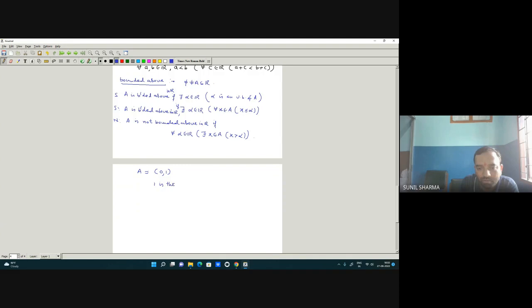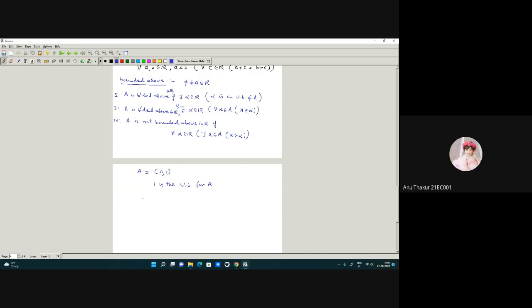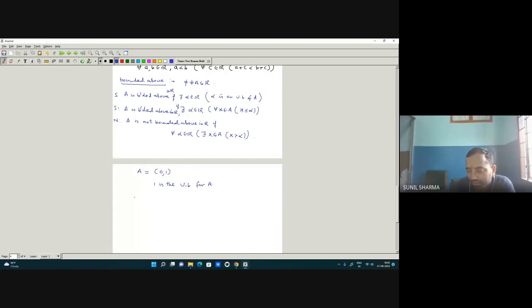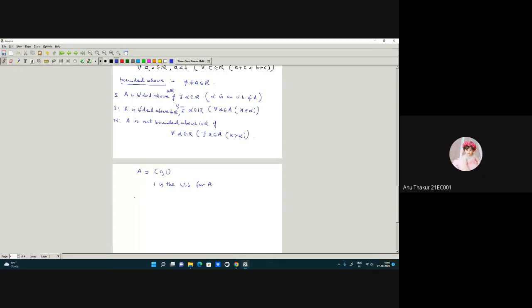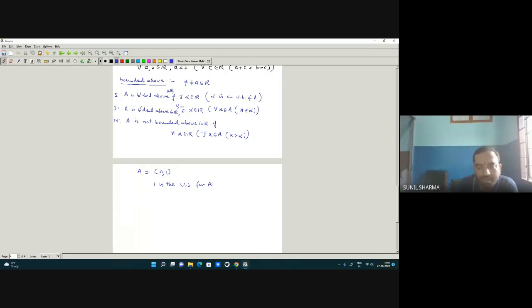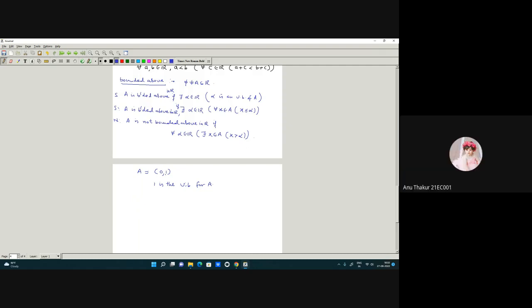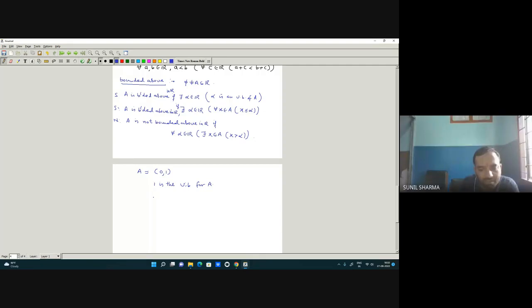Yes sir. 2 is also the upper bound. One more, 3, 4. So can you tell me which one is the least among all these upper bounds? सर 1. So 1 is the least, right?